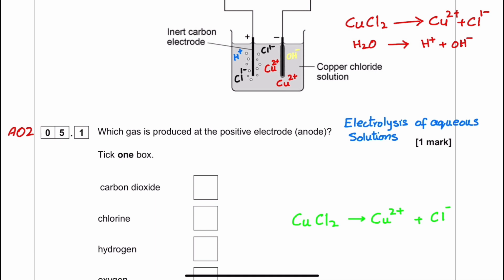And losing the electron is called oxidation. So the halide ion, the group 7 element ion, will come to the anode first. So Cl- will go to the anode, lose the electron and become a chlorine atom. And two chlorine atoms combine together and make the chlorine molecule. So the gas formed at the anode is chlorine.